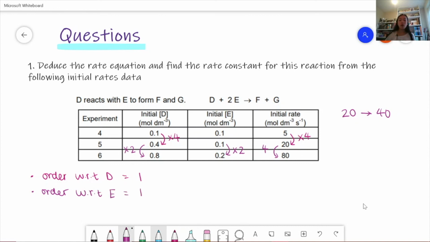So now we can form our rate equation. So our rate equation would be rate equals the rate constant times the concentration of D to the power of 1 multiplied by the concentration of E to the power of 1. And so that's our rate equation. To find the rate constant, we then use one of these experiments and plug it into the formula with K as a subject.